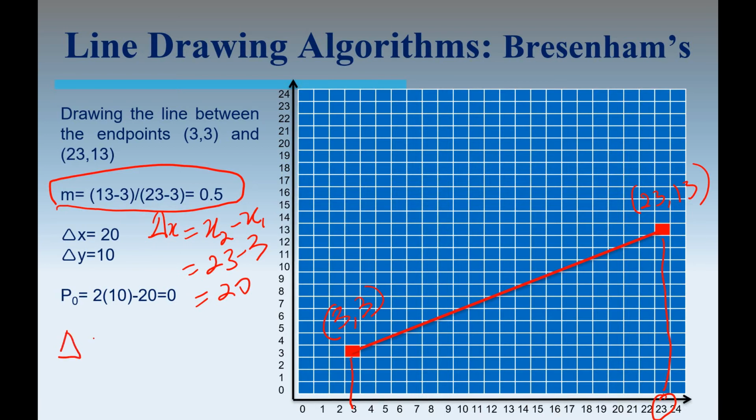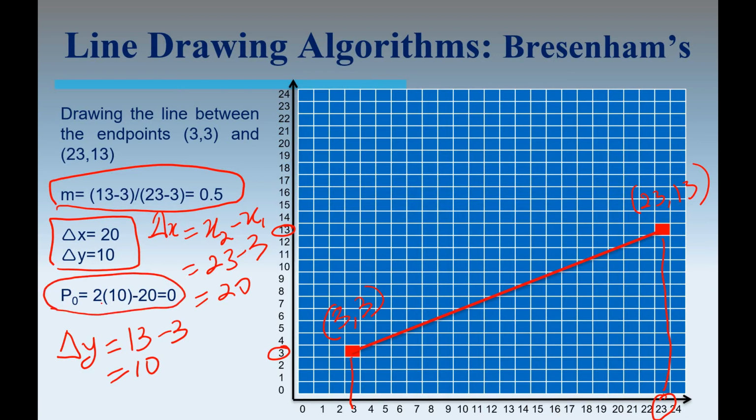Likewise, Δy will be 13 on the y-axis minus 3, which equals 10. As you can see, Δx is equal to 20 and Δy is equal to 10. So the initial p0, 2Δy minus Δx, will be equal to 0.